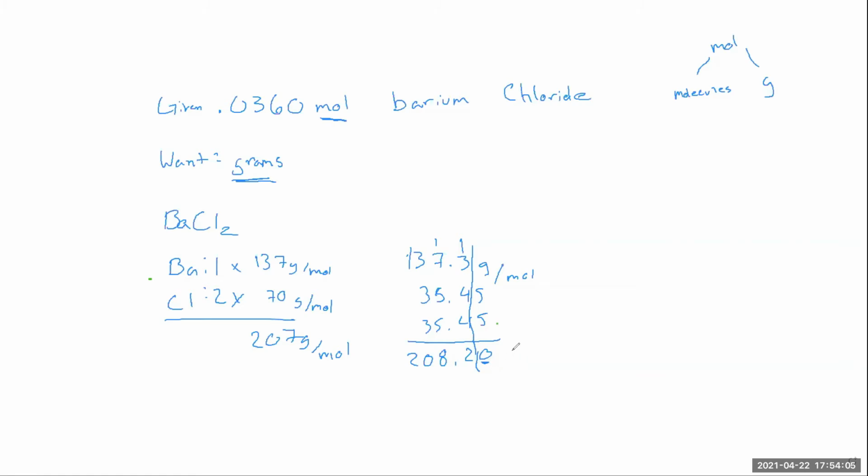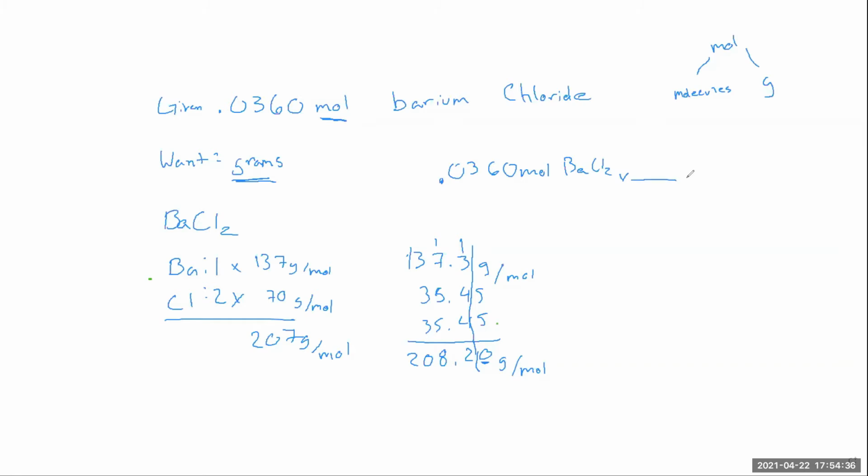Okay, so now we have the molar mass of barium chloride, right? Yes. So now how am I going to use this to convert moles into grams? Oh, we can use dimensional analysis. We're going to start with our given and use dimensional analysis. So we have 0.0360 moles barium chloride.